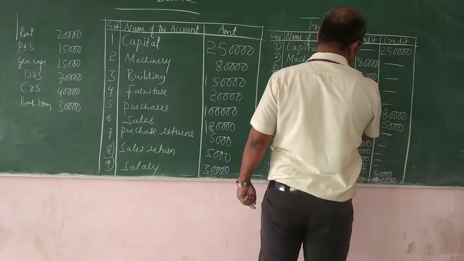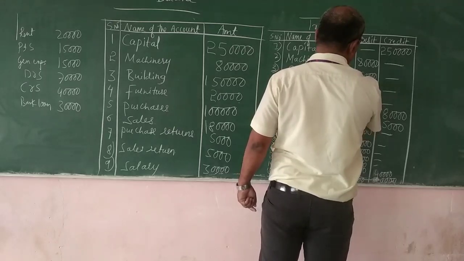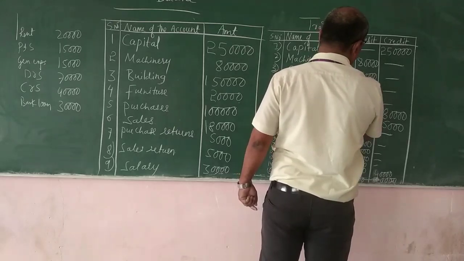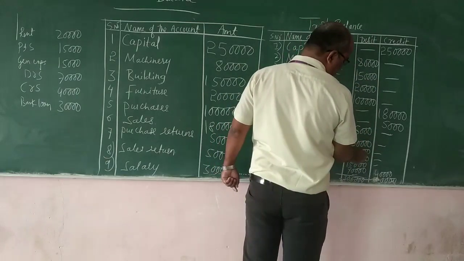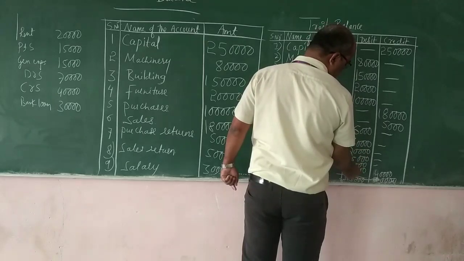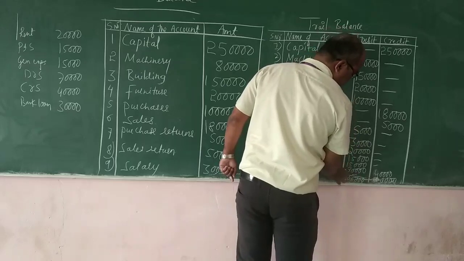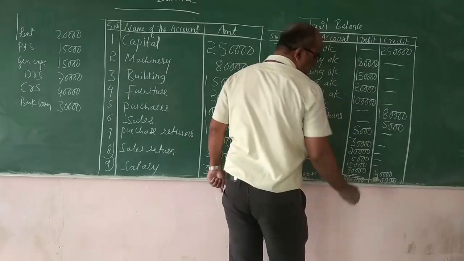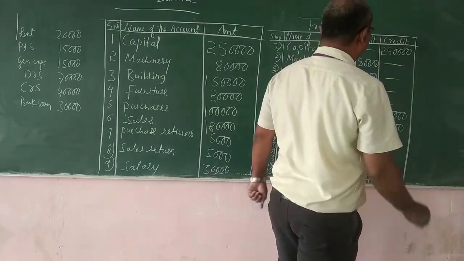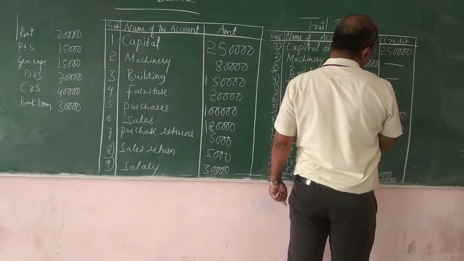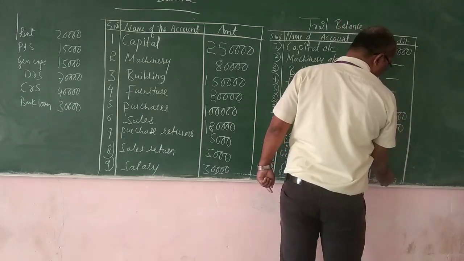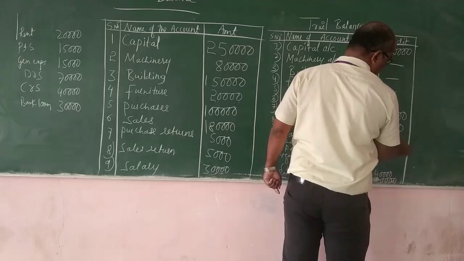Now the credit side: 2,50,000 plus 1,80,000 is 4,30,000, plus 70, is 5,05,000. Sorry, 5,05,000 is the total of the credit side.